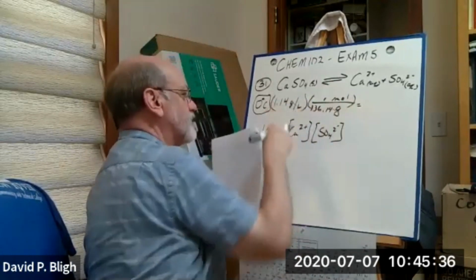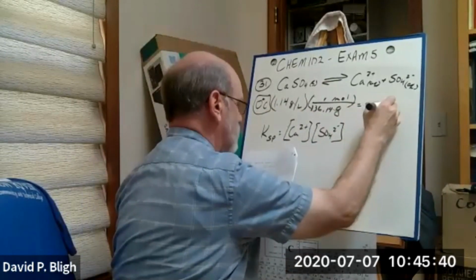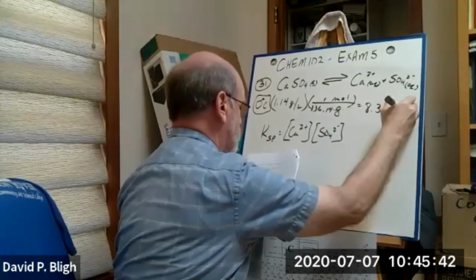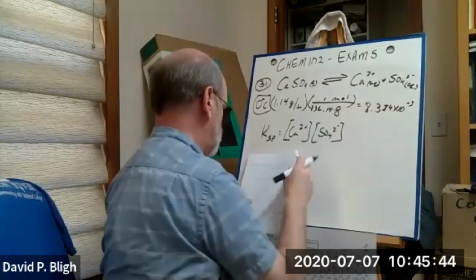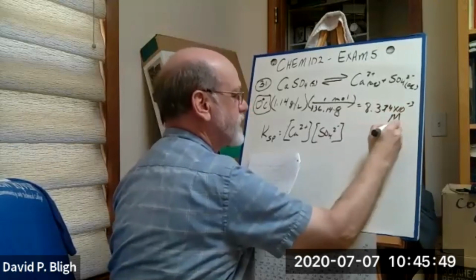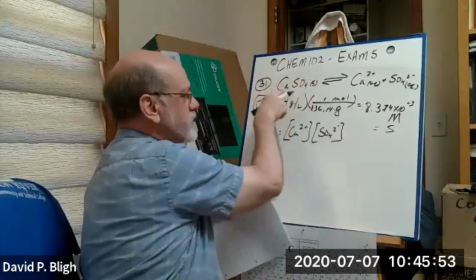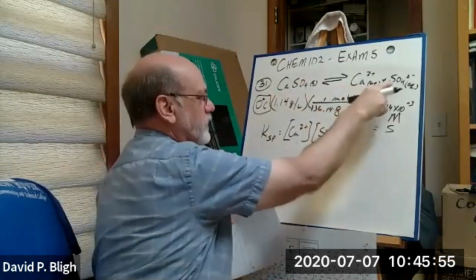So divide this into that, and we get 8.374 times 10 to the minus third molar. And that's equal to S. Right? So the ratio is one of these, one of those, one of those.